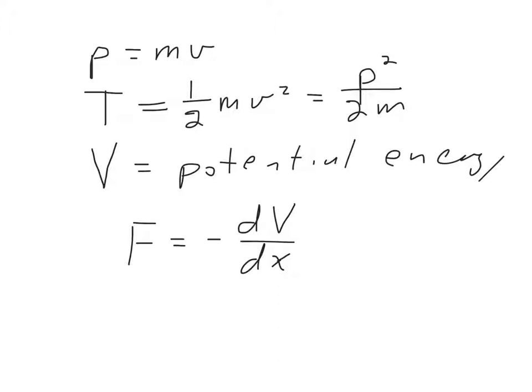So this simply expresses the intuitive result that a particle experiences a force pushing it to lower energy, and that this force depends on the slope of the potential energy function as a function of x.